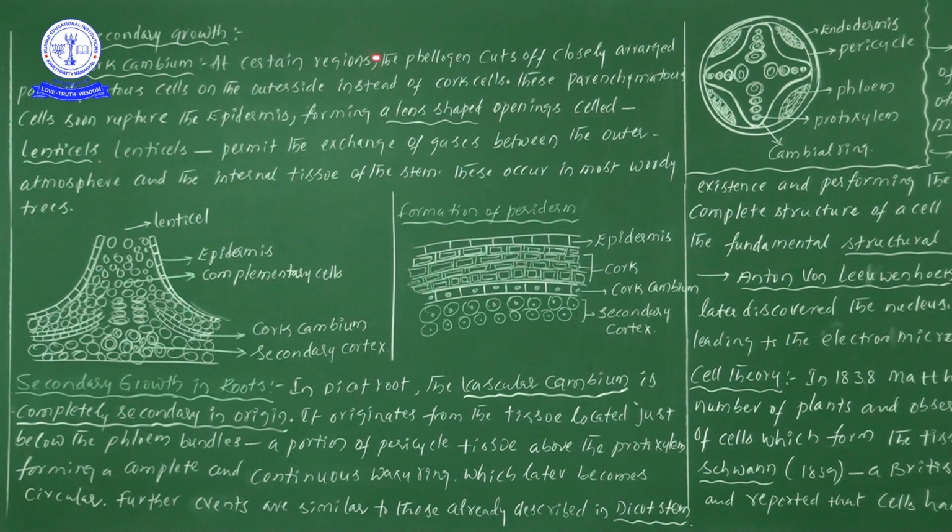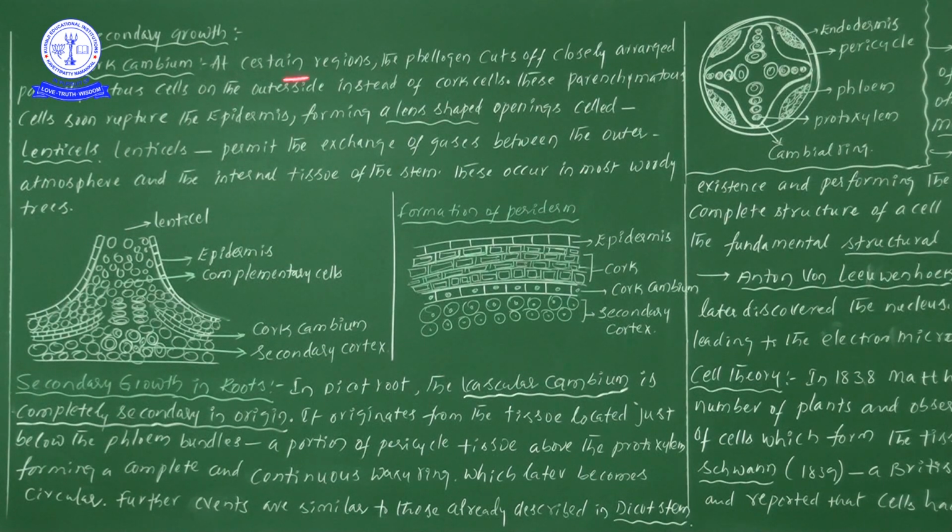Now listen carefully. At certain regions the phellum, the cork, cuts off closely arranged parenchymatous cells on the outside instead of cork cells.